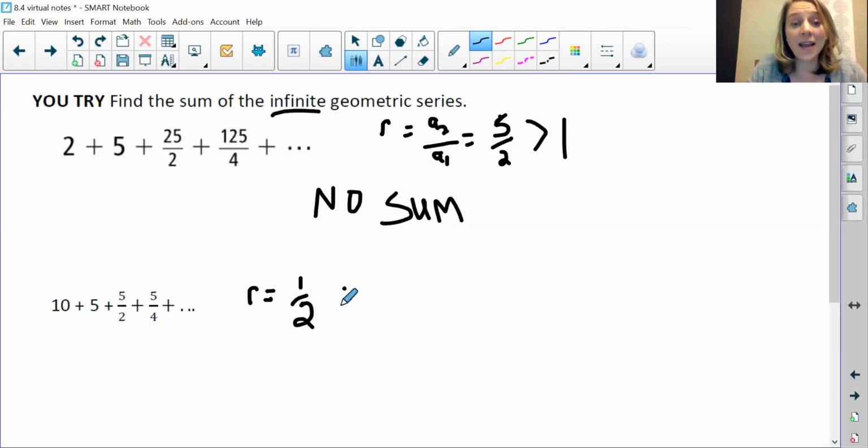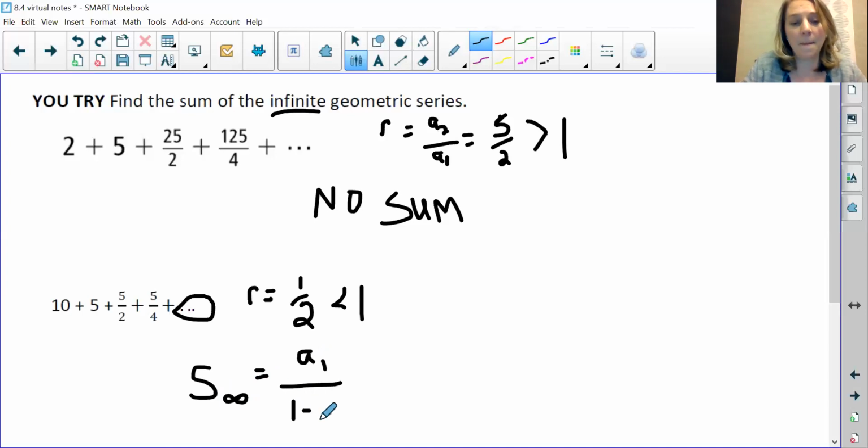The ratio is less than 1, and they do want us to find an infinite sum. So here, ding, ding, ding, we have a winner. We can do the infinite geometric formula because it is geometric, it is infinite, and the ratio is less than 1. So I can do the first term divided by 1 minus the rate.